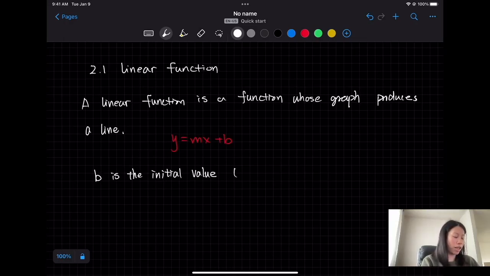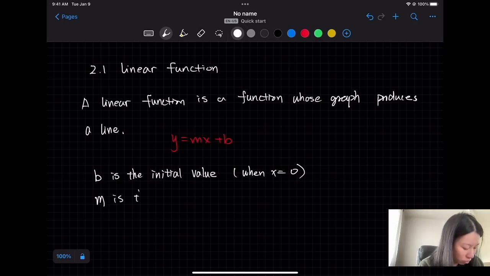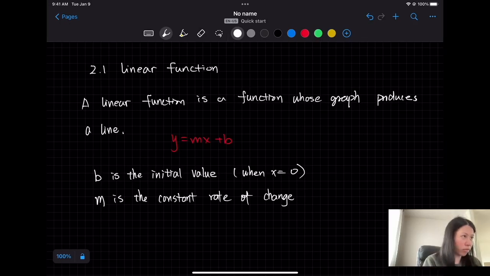That means the value when x equals 0. And m is the constant rate of change of the function. You also refer to it as the slope. So usually people say, the output starts at b and increases at the rate of m.